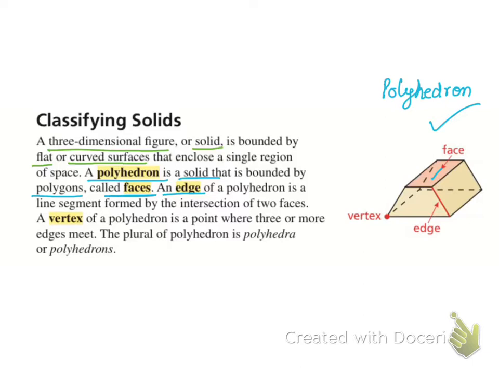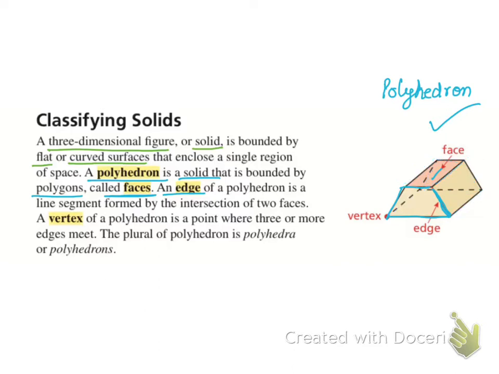That's a face. And the edge is the corner, this is the edge, this is the edge. All the line segments you see around are edges. Some are behind because it's 3D.